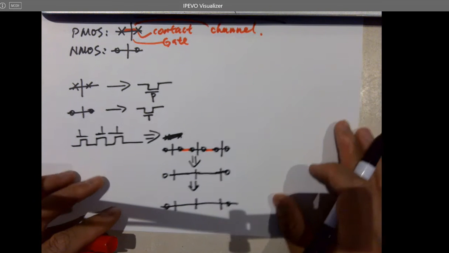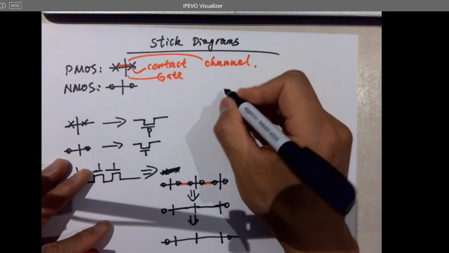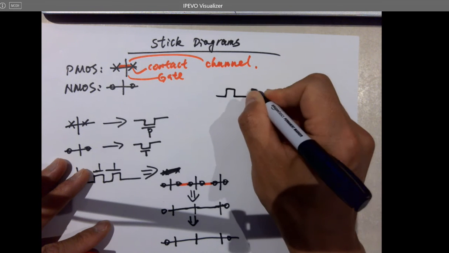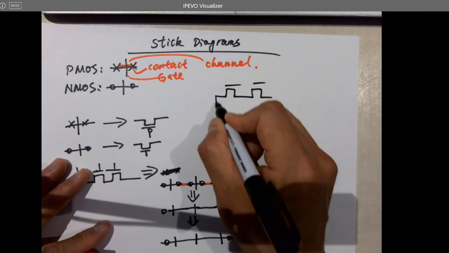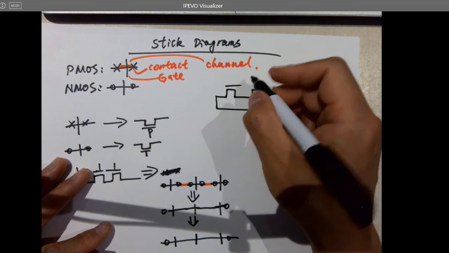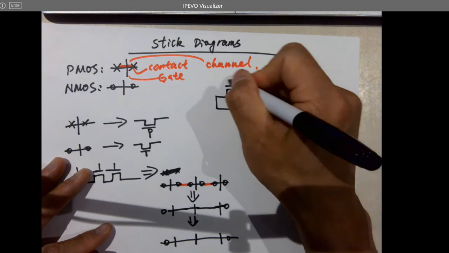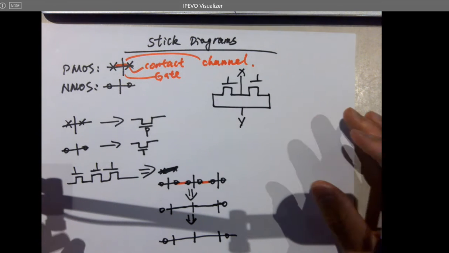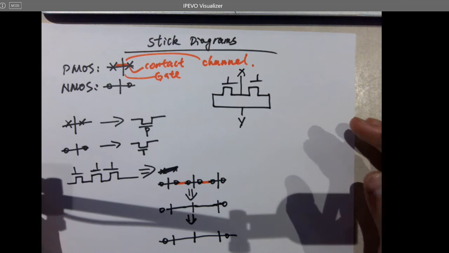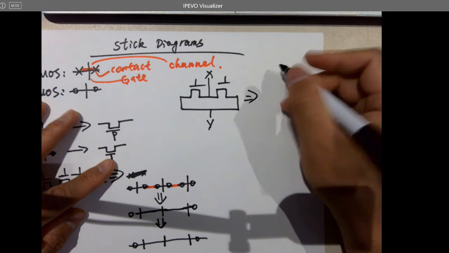So parallel, if you have 2 NMOSes in parallel, short these 2 guys together, and you get a pin here, X, and here's Y, 2 gates. So these 2 NMOSes are in parallel. They're in parallel because it's the same as this, right?